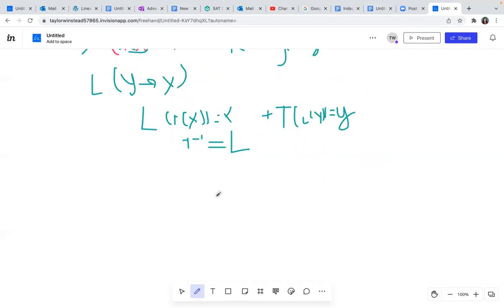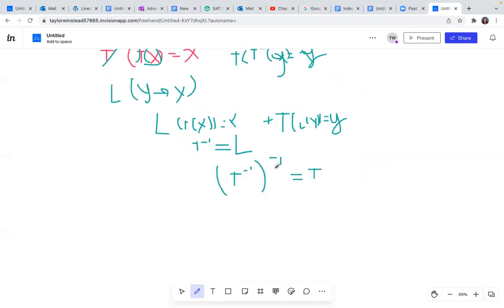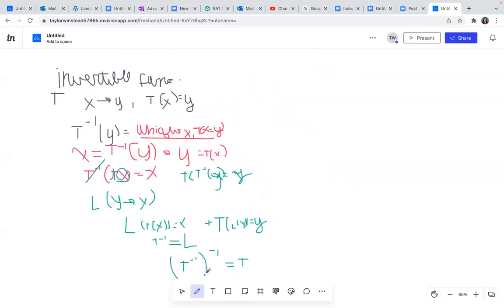So in other words, if a function T is invertible, then so is inverse T, and the inverse of the inverse is going to be T. So the main thing here is to realize that inverses can cancel out.